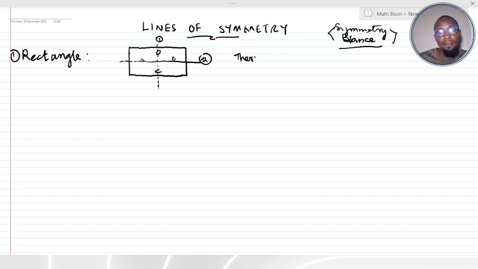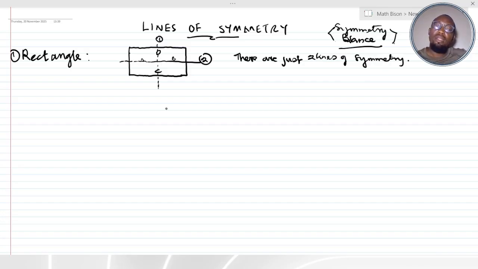So there are just two lines of symmetry. These two lines of symmetry, what do they do?